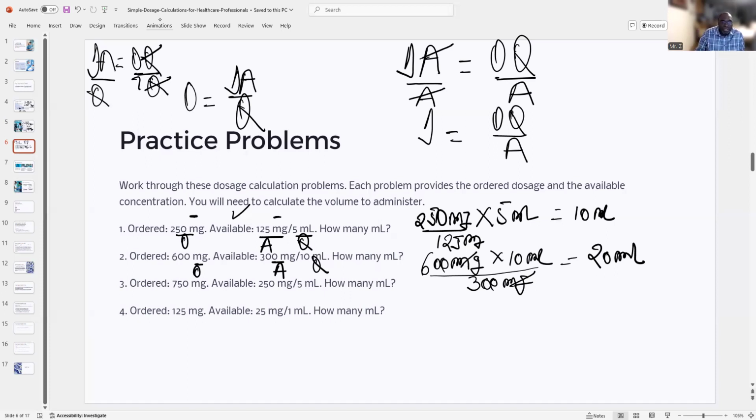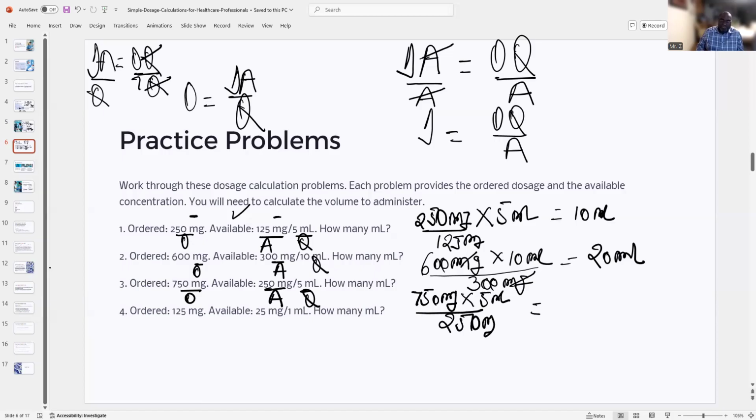All right. So next one, your order is 750 milligram. That is your order. 250 is your available. That one is your quantity. Once again, make sure that the milligram and that one match. So on number 3, you will have 750 milligram multiplied by 5 milliliter divided by 250.